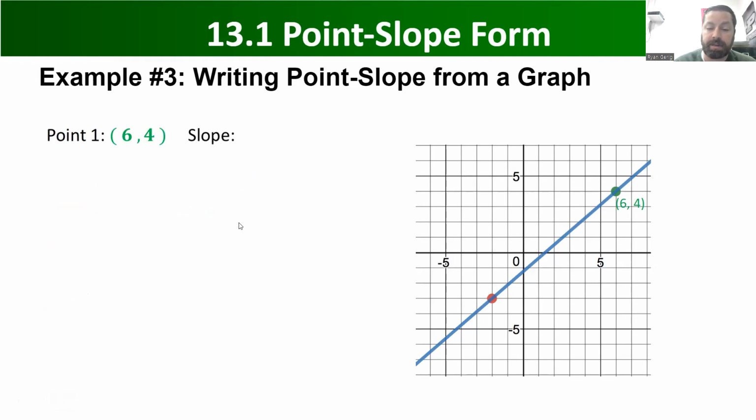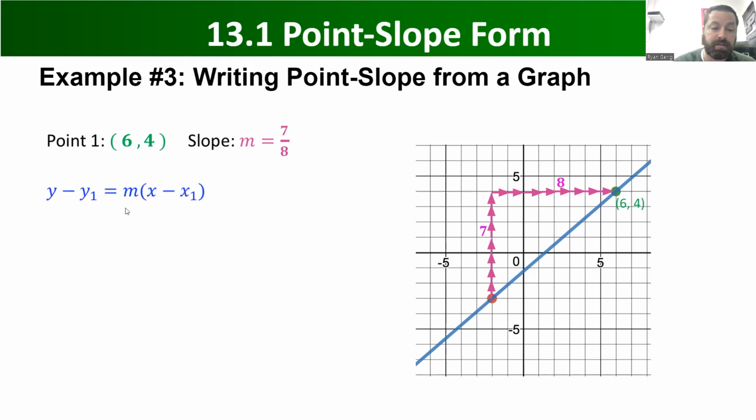I'm going to count to find my slope. So 1, 2, 3, 4, 5, 6, 7. Okay, so my vertical change is 7. That's the top part of the fraction. And then over to the right, 1, 2, 3, 4, 5, 6, 7, 8. That's a horizontal change of 8, which is the bottom part of the fraction. So my slope is 7/8.